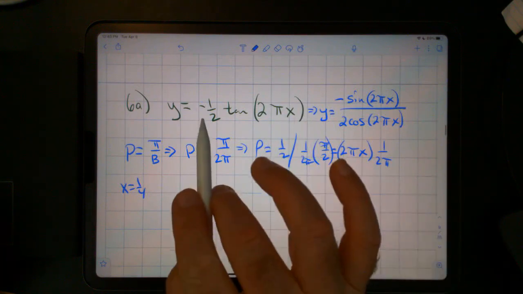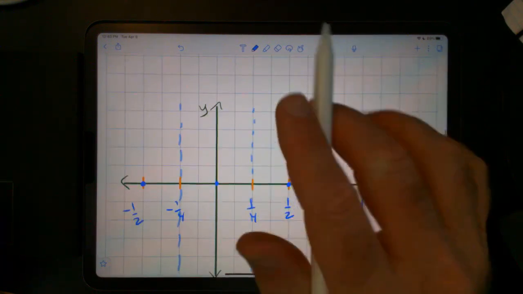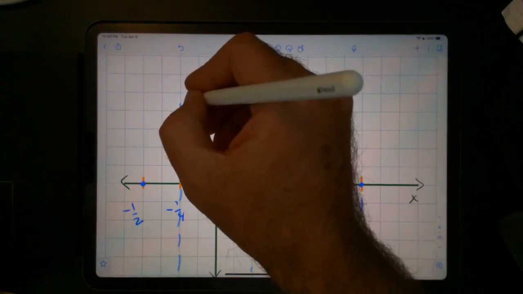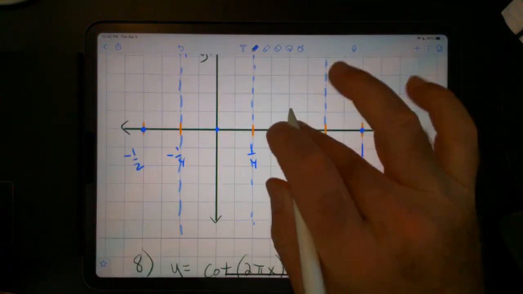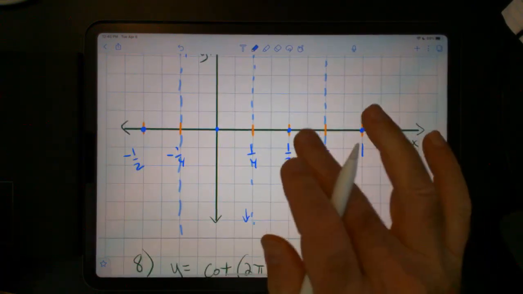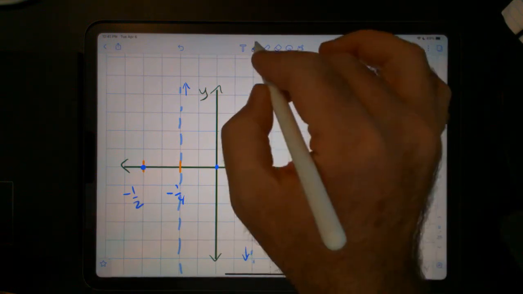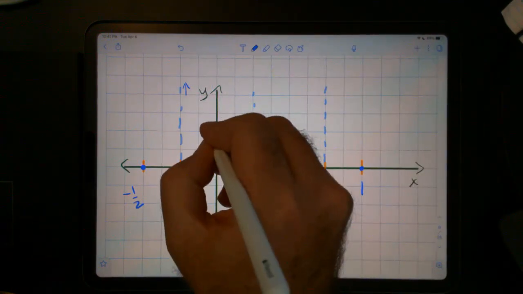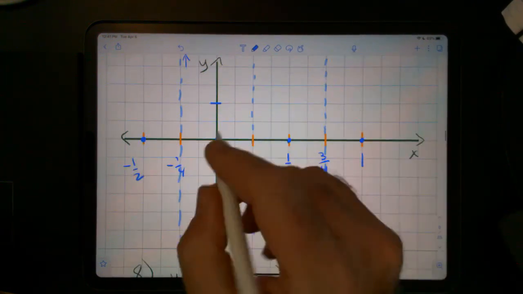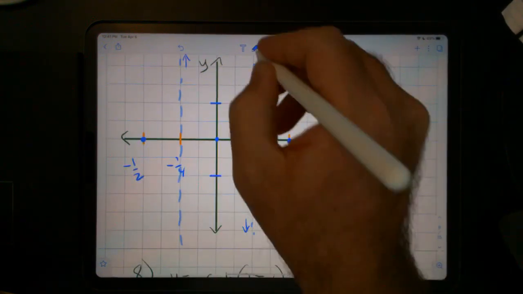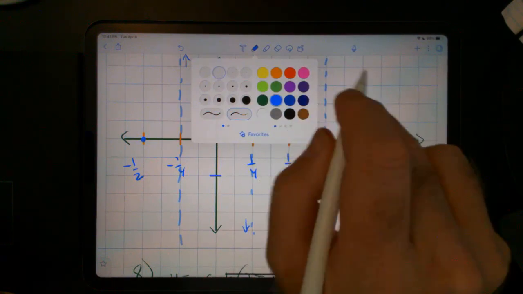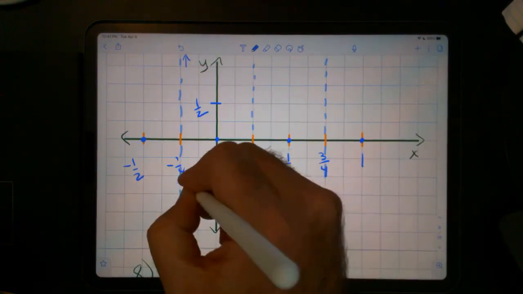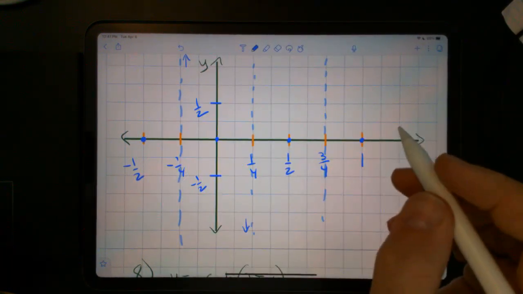This is negative, so it's going to have endpoint behavior looking like this. And since our a is 1/2, let's go positive 1/2 and negative 1/2.